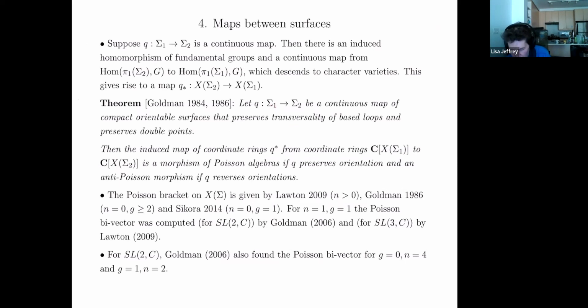And under those hypotheses, the map Q upper star from coordinate rings on the character varieties is a morphism of Poisson algebras if Q preserves the orientation, and it's an anti-Poisson morphism if Q reverses the orientations.